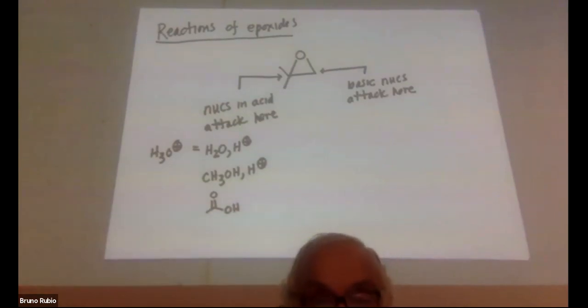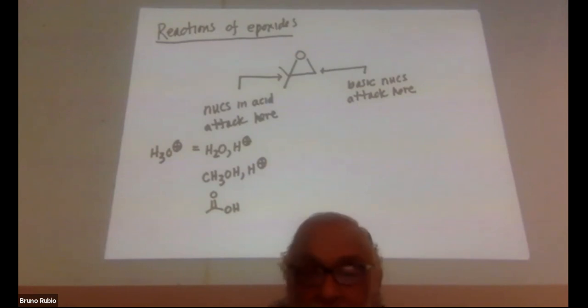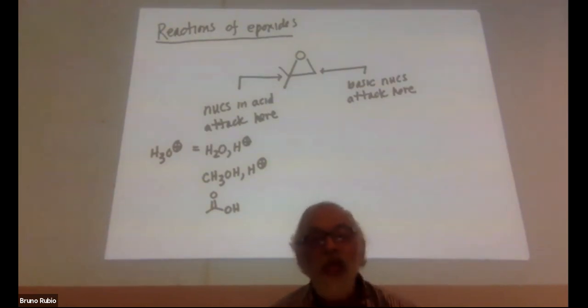But tell me, do you need to add acid to a carboxylic acid to make it an acid? No. So you're not going to see additional H+ there, right? So a carboxylic acid is acid already by itself. So no, it's already a nucleophile under acidic conditions, so you won't see H+ there.